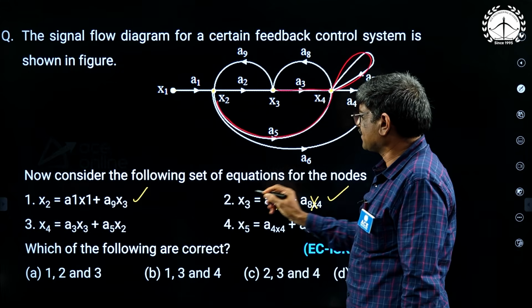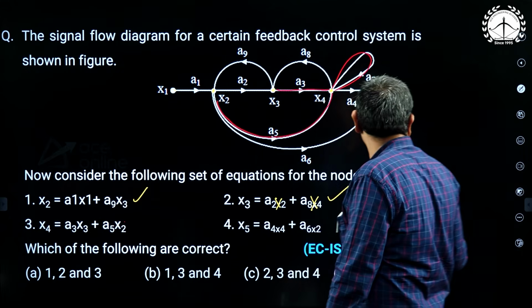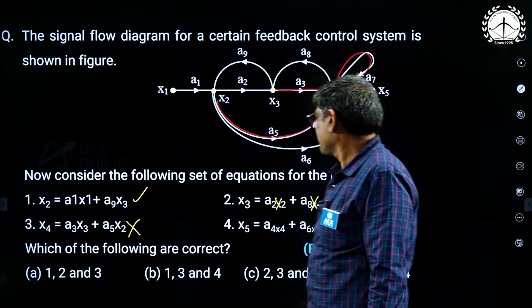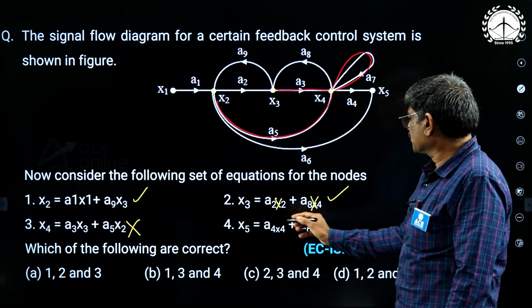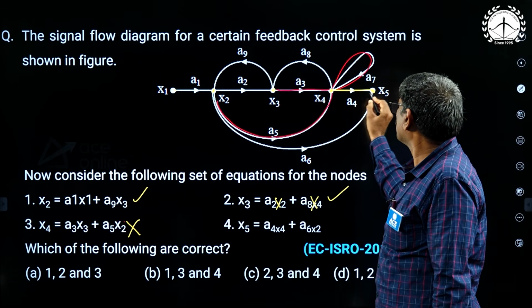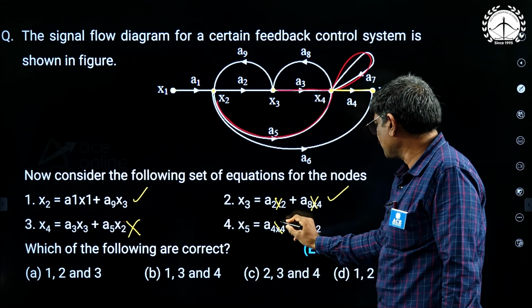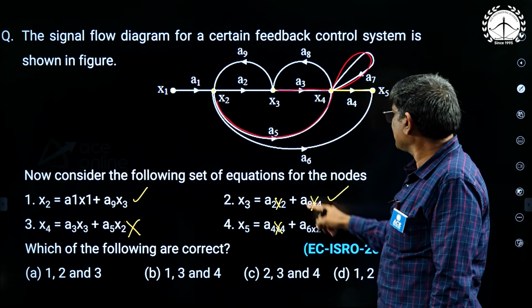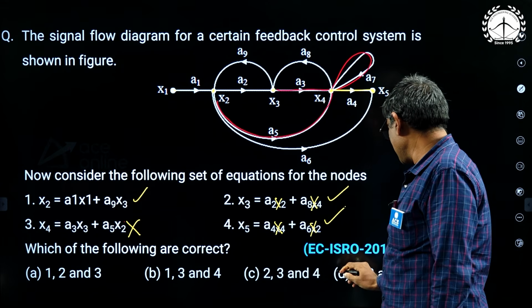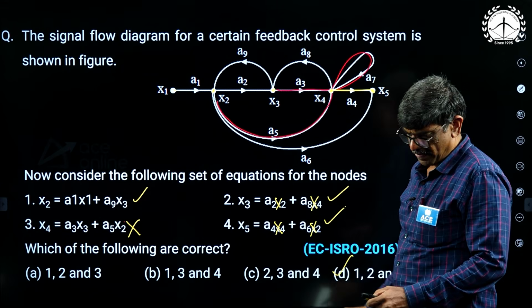Three incoming branches are there, but here only two terms are written. So this third one is wrong, one term is missing. Fourth one, x5: how many incoming? Two. So a4 x4 is correct, and then a6 x2, a2 x2. So this is correct. That means the answer is 1 to 4.